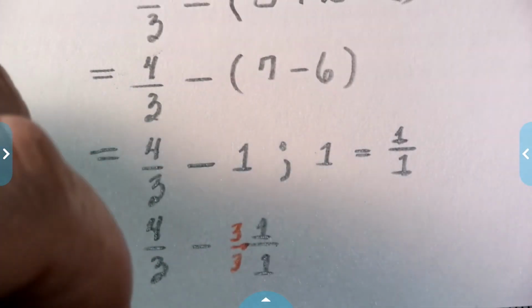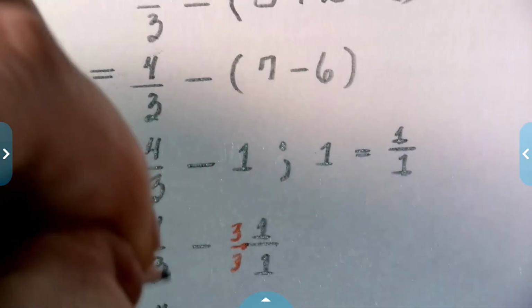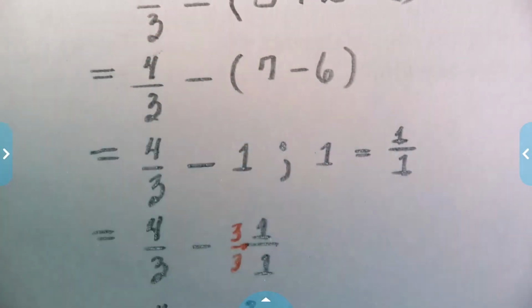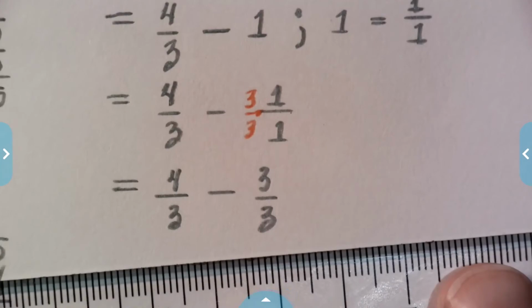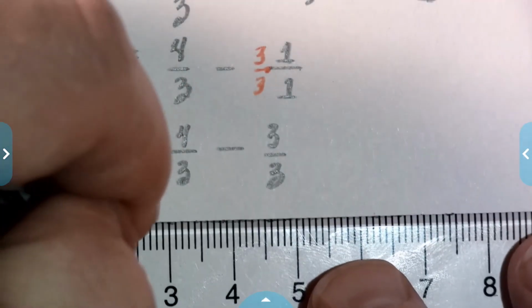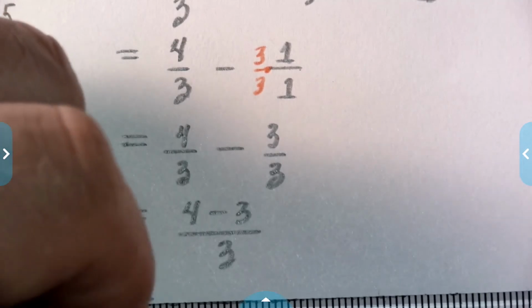And so I'll get 4/3 minus 3/3. And that's equivalent to 4 minus 3 over 3. 4 minus 3 is 1. So my final answer is 1/3.